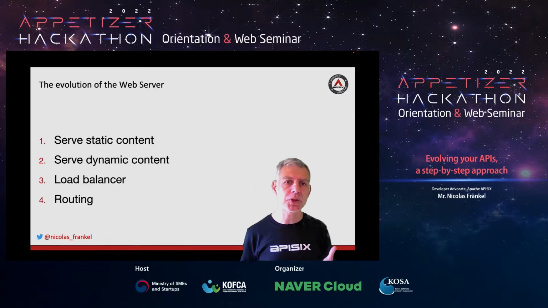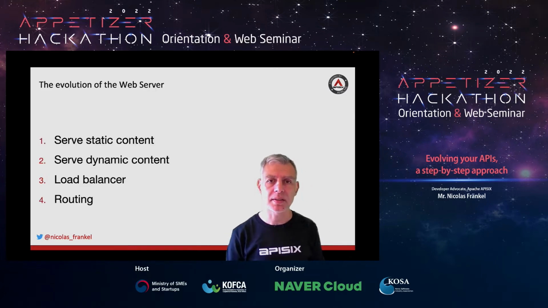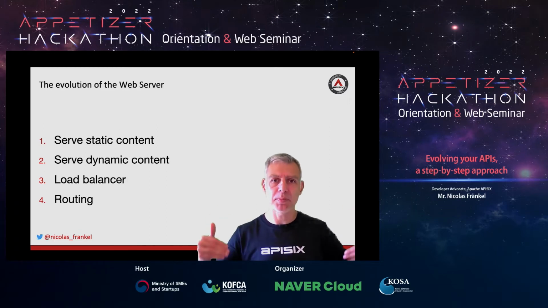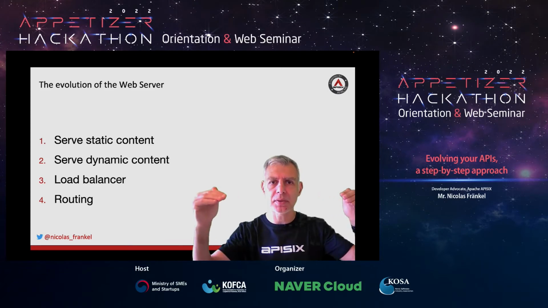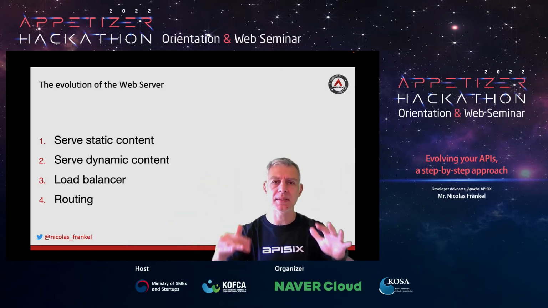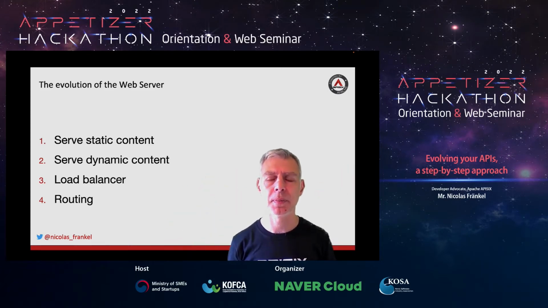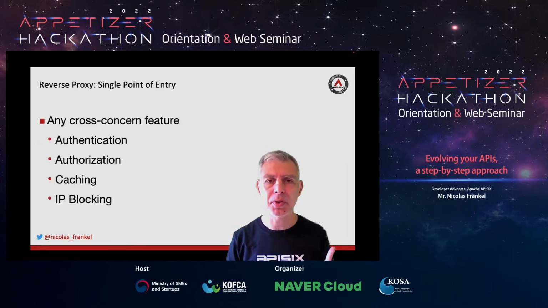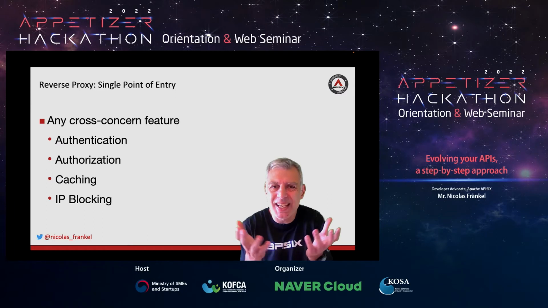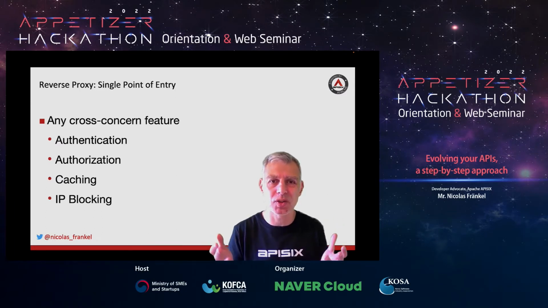And so the evolution of the web server started from the most basic stuff, serve static content, and then you had to serve dynamic content, and then you had to load balance, and then you had to route. And so the web server that is the single point of entry cannot generally just serve content.